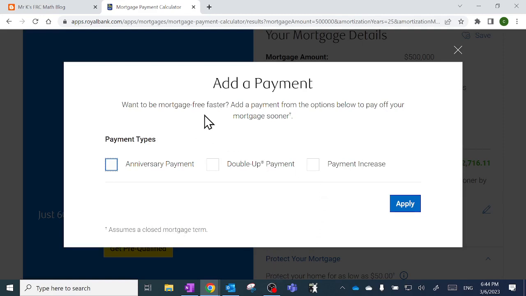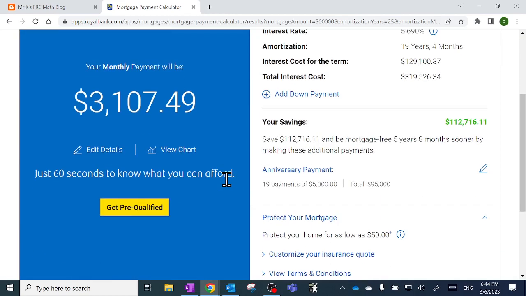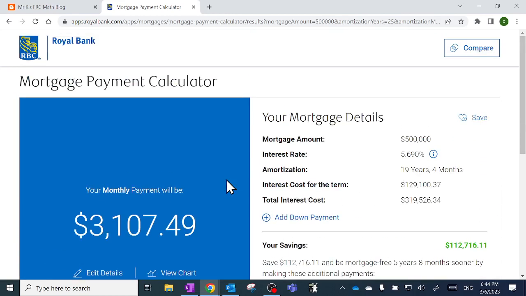So if you are going to get one of the products from the Royal Bank, you have to ask, if this is a closed mortgage, can I, even under a closed mortgage, make once-a-year payments? The Royal Bank usually allows you to do that up to 10% of your yearly mortgage payments. Other banks have different rules, and it might depend on which type of mortgage you buy.